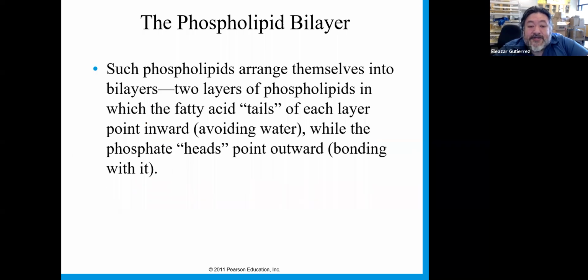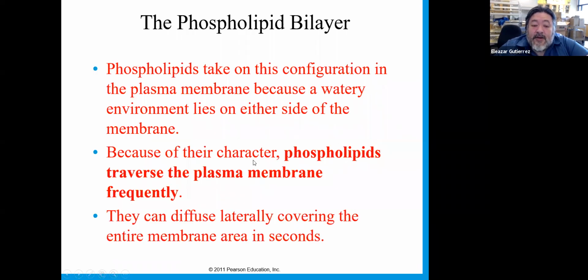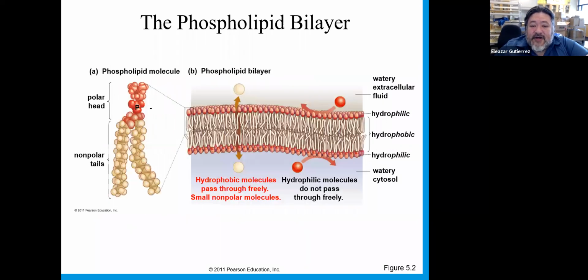Because of their character, phospholipids traverse the plasma membrane frequently. Every 2 to 3 seconds, if you could put a little green fluorescent protein here and make this guy fluoresce so you can see it under a microscope, you would see that every couple of seconds this guy would go boop and go to the other side, and then go boop and come back to this side.